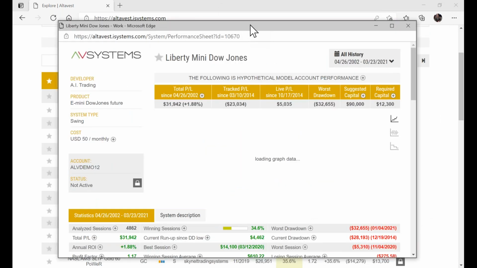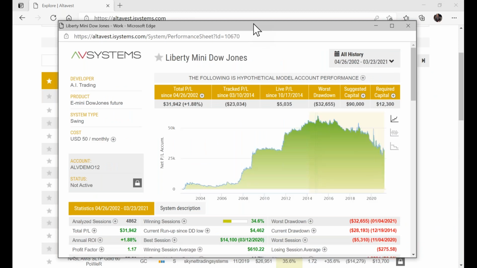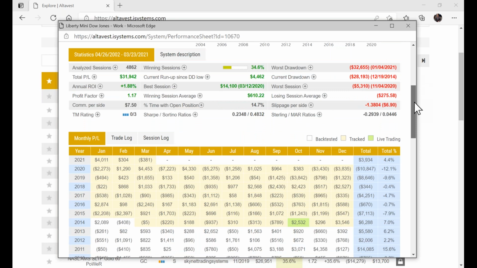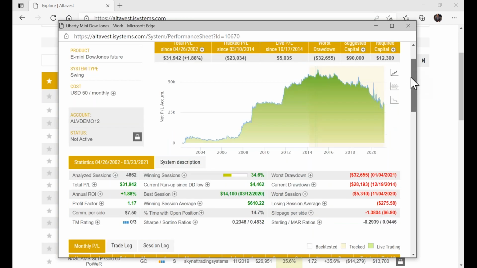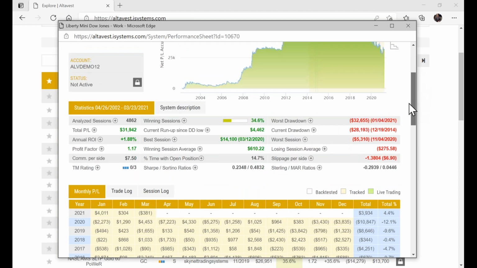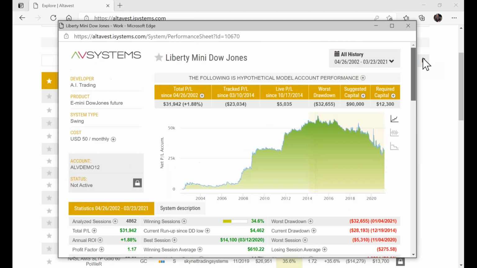There's a lot here, but I'm just going to pull it up anyway. Here's a mini Dow Jones system. You can see it performed very, very well, had a nice run up, hit a peak, and now it's in a drawdown. But this is what you would do if you're looking at any particular system if you want to drill deeper.